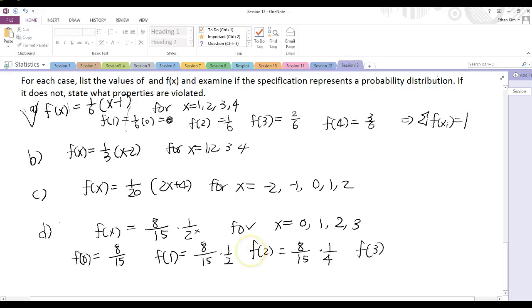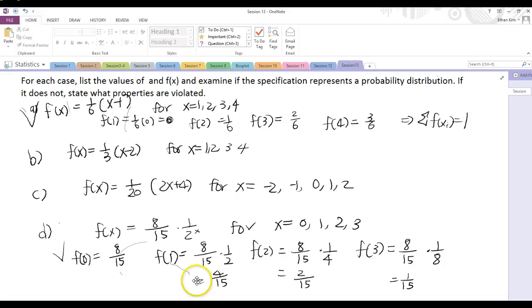F of 3 is 8 over 15 times 1/8. So this comes out to be 1/15, 2/15, 4/15, and 8/15. And does that add up to 1? Yes, it does. So this is, in fact, a probability distribution function. So, let's move on.